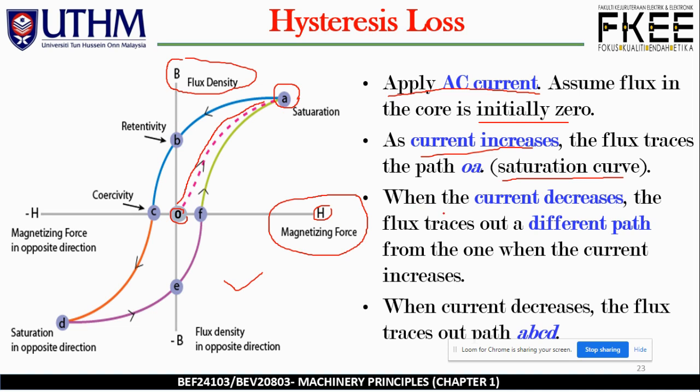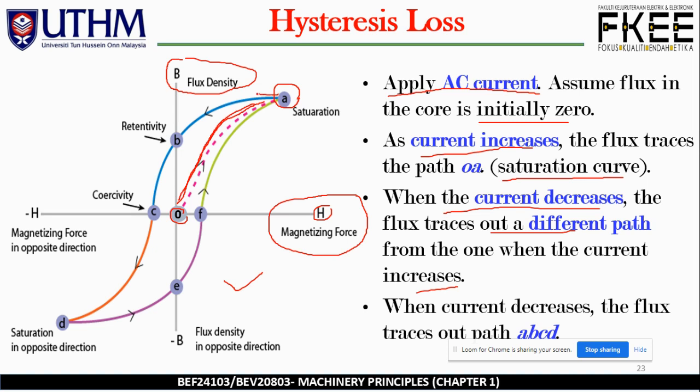When we decrease the current, the flux traces out a different path from the one when the current increased. Simply put, if we decrease the current, it won't trace out the same track as previously. It's supposed to come down here, but somehow it changed from the previous path.